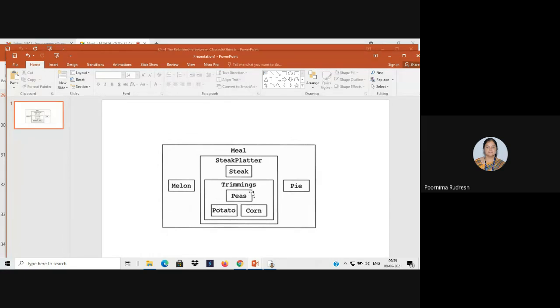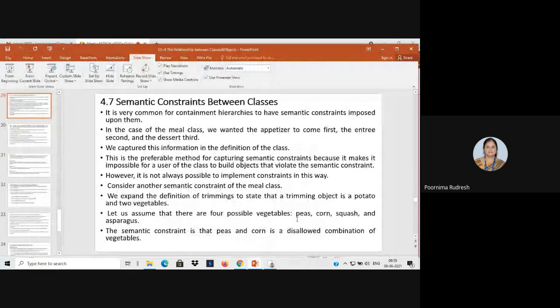But now we wanted to change the trimming class objects. Here we are changing the potato object, means we are removing the potato object, and we are going to add two more objects called asparagus and squash. Okay, this is the condition. See here, in the trimming we are going to add peas, corn, squash, and asparagus.